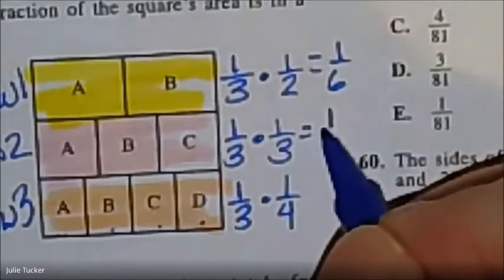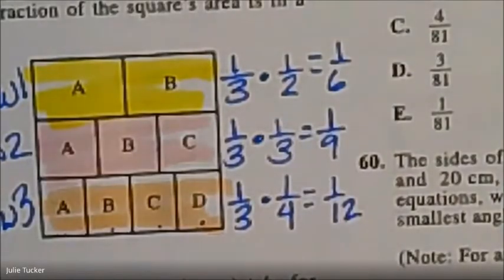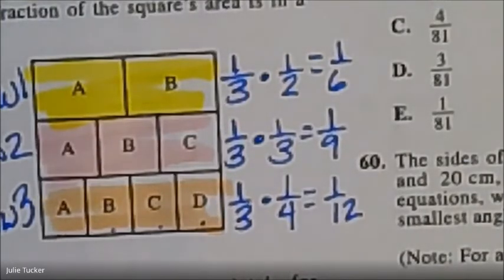And then I have 1/9, 1/12. Now they want to know all of that put together. This is a tough fraction question, isn't it? We're going to go to Desmos and we're going to add 1/6 plus 1/9 plus 1/12.